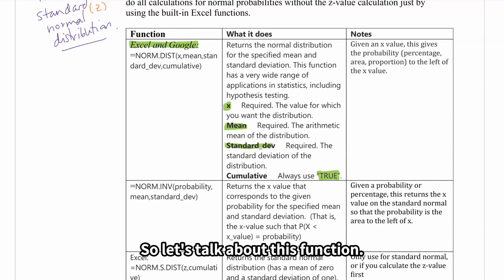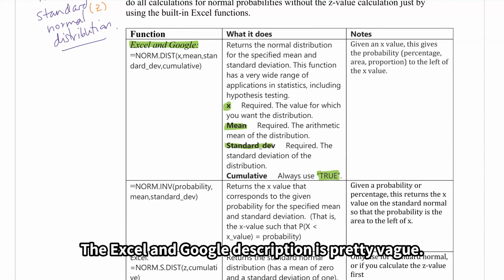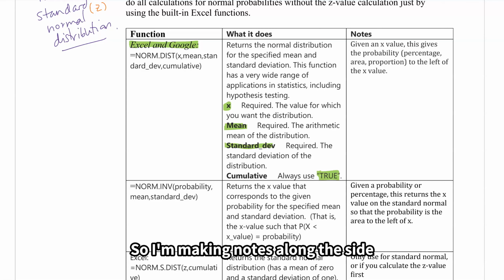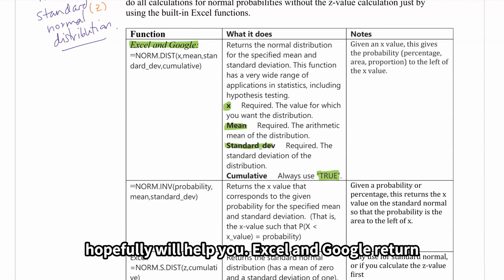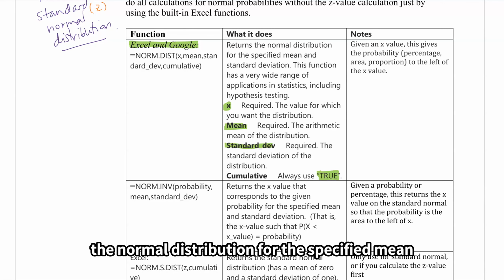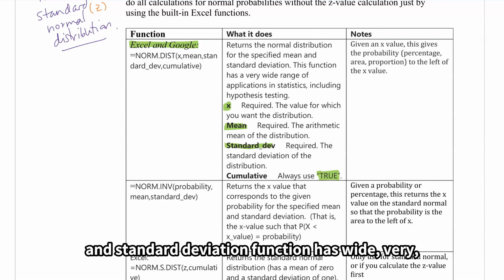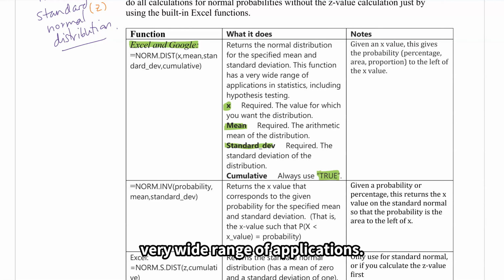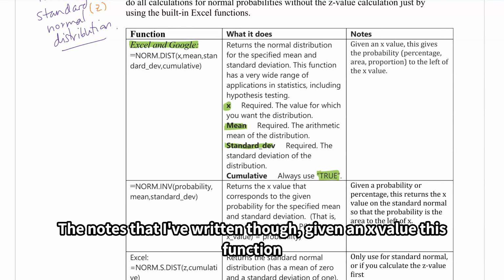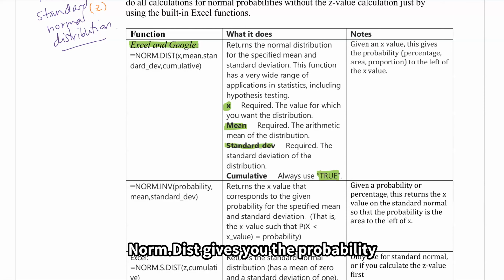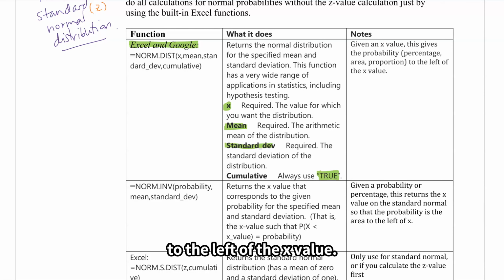So let's talk about this function. The Excel and Google description is pretty vague, so I'm making notes along the side, which hopefully will help you. Excel and Google return the normal distribution for the specified mean and standard deviation. The function has a very wide range of applications. The notes that I've written though, given an x value, this function norm.dist gives you the probability to the left of the x value.